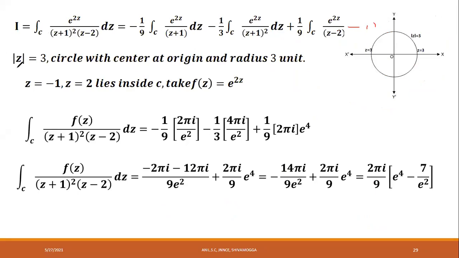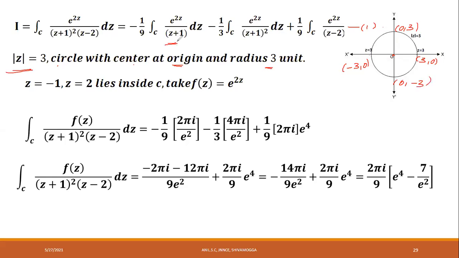Now, what is mod z is equal to 3? Mod z is equal to 3 is a circle whose center is at the origin and radius 3 units. Construct such a circle. This point will be 3, 0, this point minus 3, 0, this point 0, 3, and this point 0, minus 3.